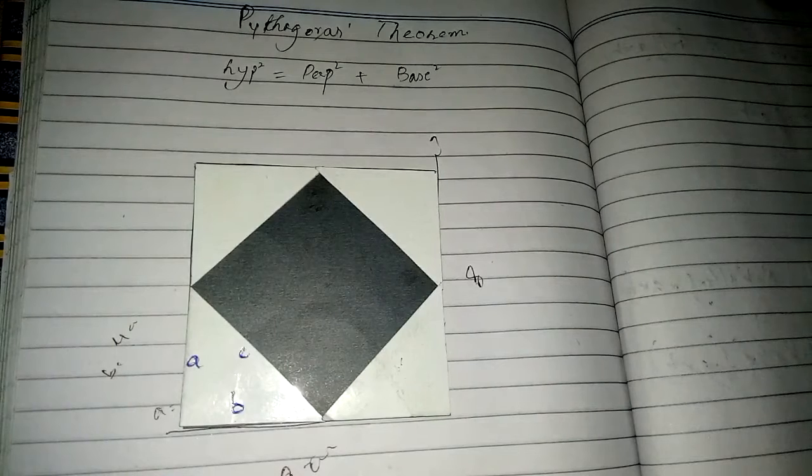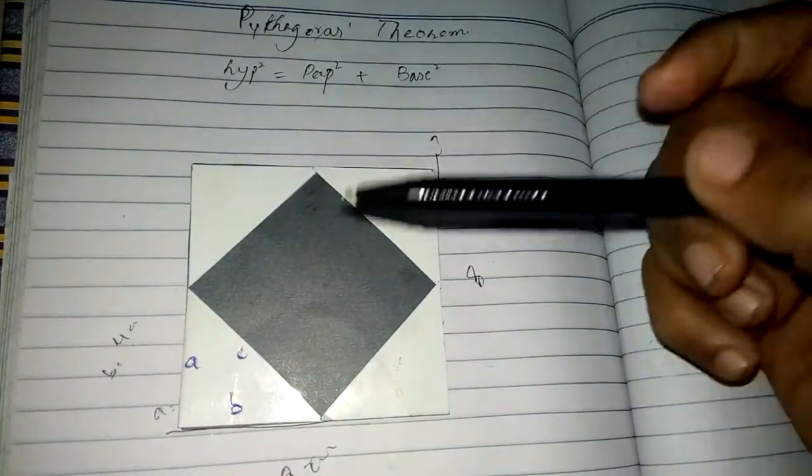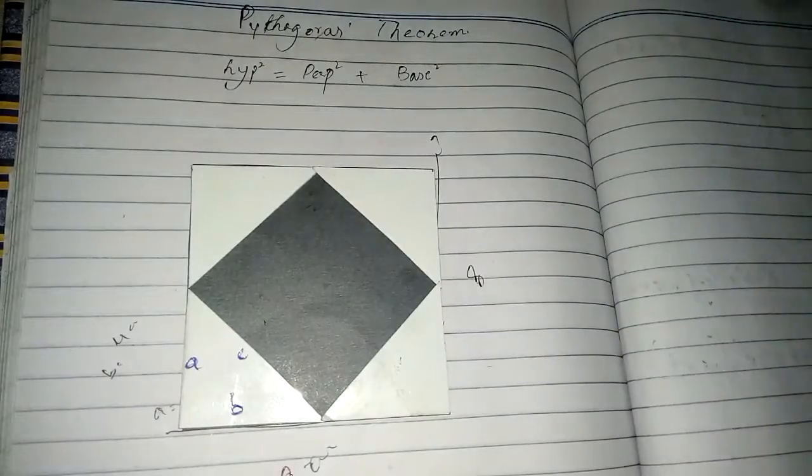So we can see a big square has been built up, and we can also see that there is another square among all these triangles, which is among these 4 triangles.